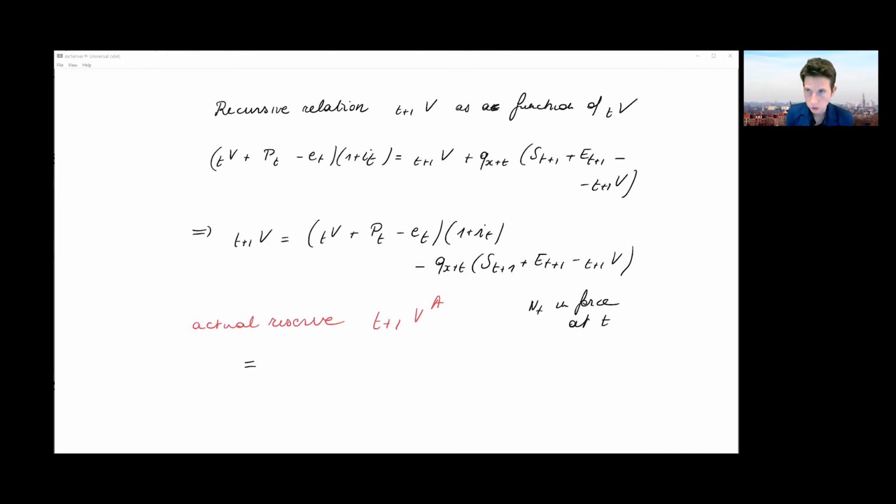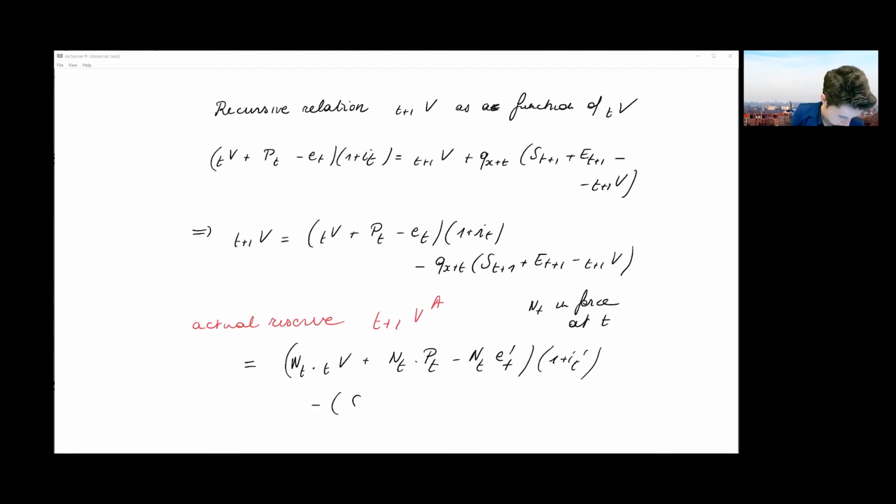then the actual reserve, the actual amount that you're going to hold, is N_t times tV plus N_t times P_t minus N_t times the actual expense, which I'm going to denote with a prime, multiplied with the actual interest rate, minus S_{t+1} plus the actual expense minus t+1 V, times d_t prime. And what is this d_t prime?